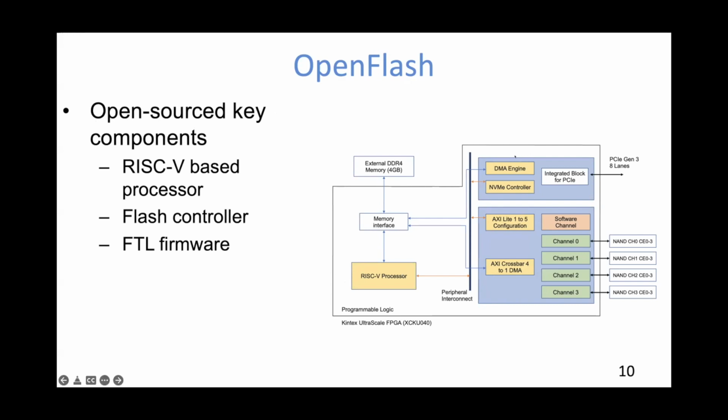We have an NVMe controller, which provides the interface to the host side. And we developed the flash controller to process read and write requests to the flash chips. So far, we have open sourced three key components, which are the RISC-V-based processor, the flash controller, and the FTL firmware.